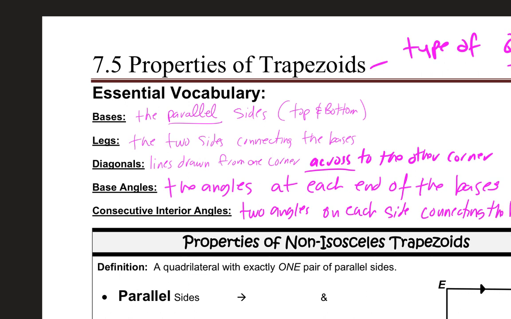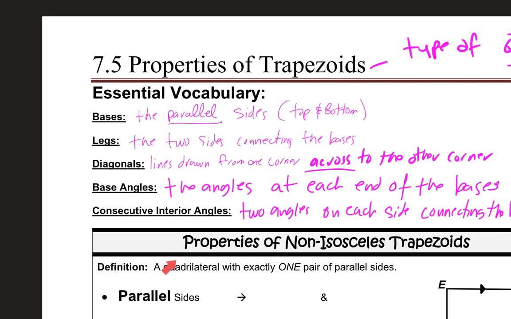Okay, so those are our terms. The parallel sides are called the bases. The legs are the two sides connecting the bases. Diagonals are drawn from one corner across to the other corner. The base angles are the two angles at each end of the bases. And consecutive interior angles are the two angles on each side connecting the bases.